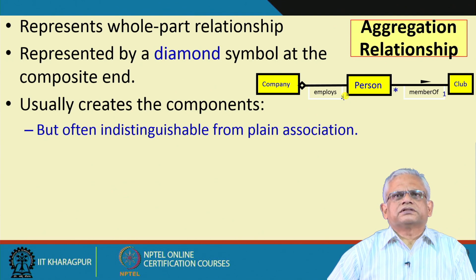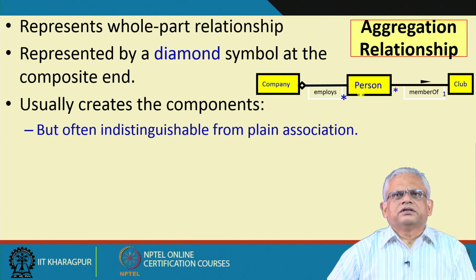One of the differences between an aggregation and a plain association is that the aggregate object is responsible for creating its component objects. As we proceed, we will see this in more detail, but this is the crux of the difference between an association and an aggregation.